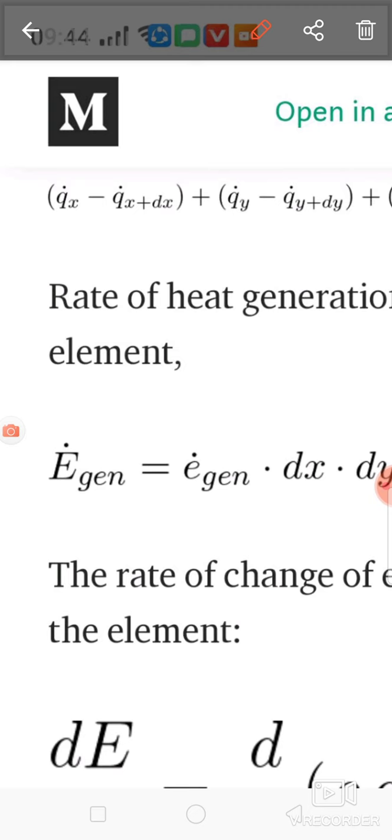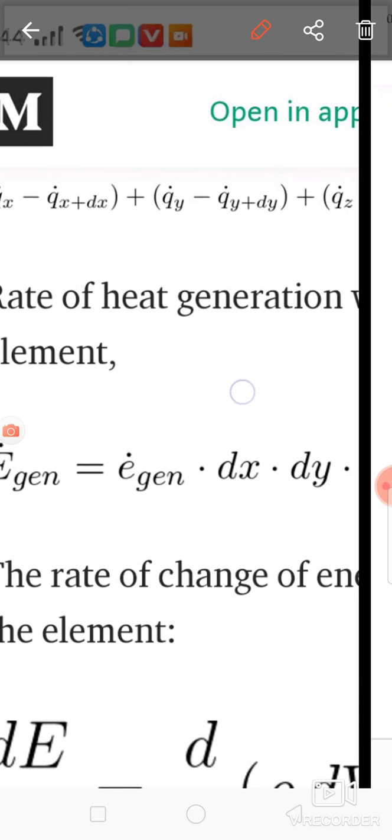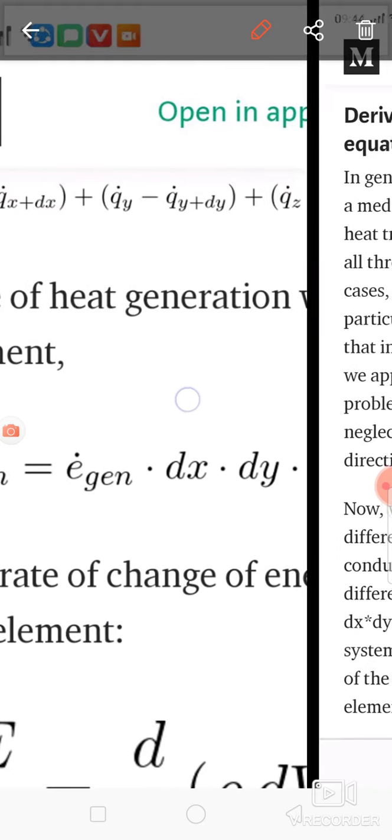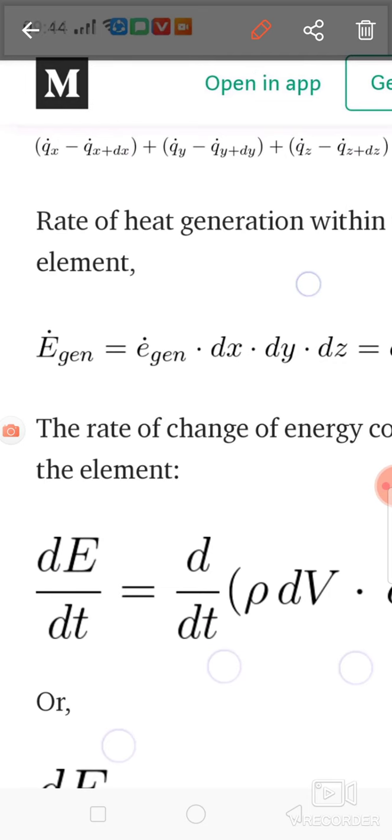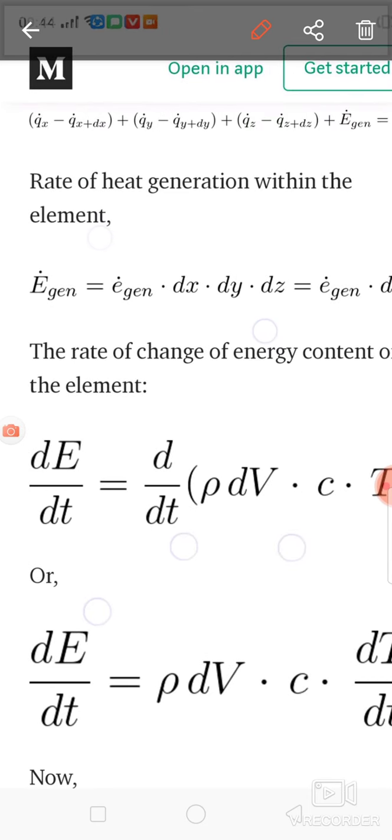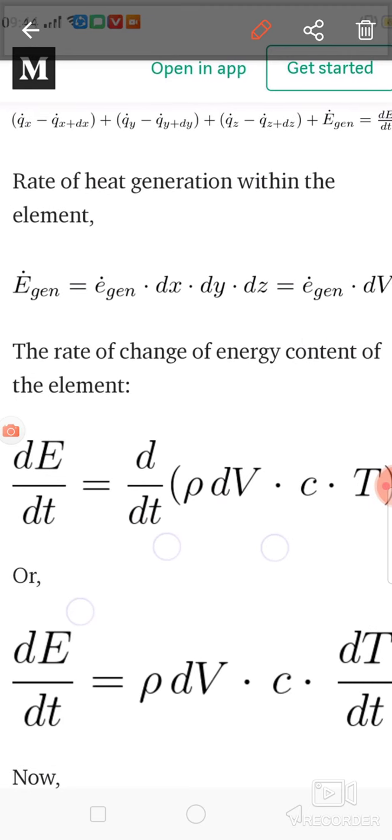So the overall effect is q dot x minus q dot x plus dx. Similarly in the y direction, it is q dot y minus q dot y plus dy. And for the z direction, it is q dot z minus q dot z plus dz. So this is the equation related to conduction.